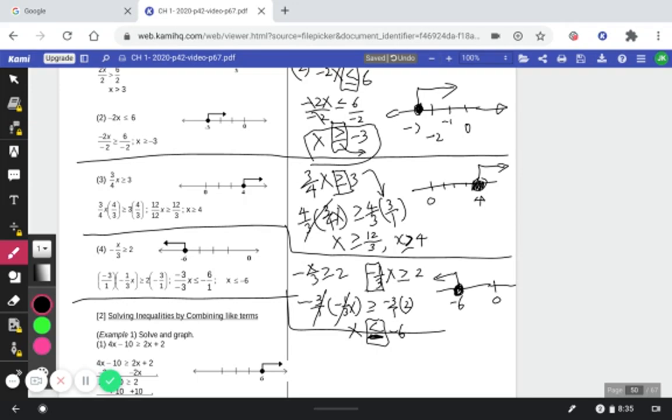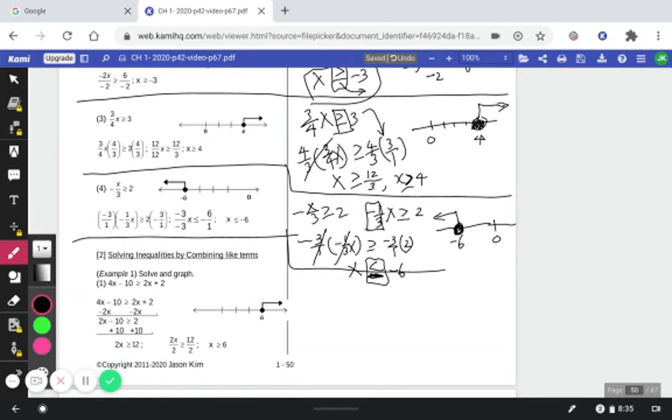We do it the same way when it happens in an inequality. The process of solving an inequality is almost the same as solving an equation, except the sign changes to the other direction when you multiply or divide by negative 1. Okay? So let's look at this.